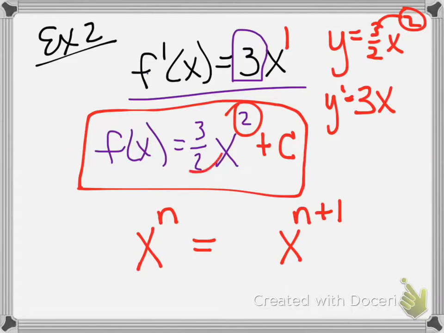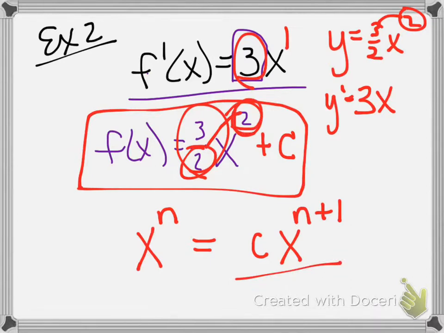But how did we get this constant part here? Well, we had a 3 already, so we're going to call that c. But how did we get the divided by 2? What does 2 match up with? Well, the 2 matches up with my new exponent. So I kept the constant I had before, the 3. I changed my exponent one level up, and I divided by that new number there.